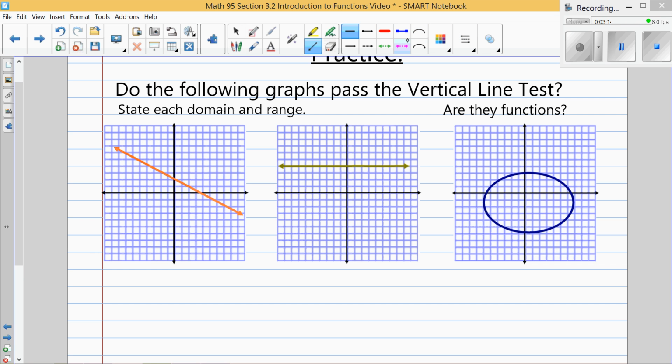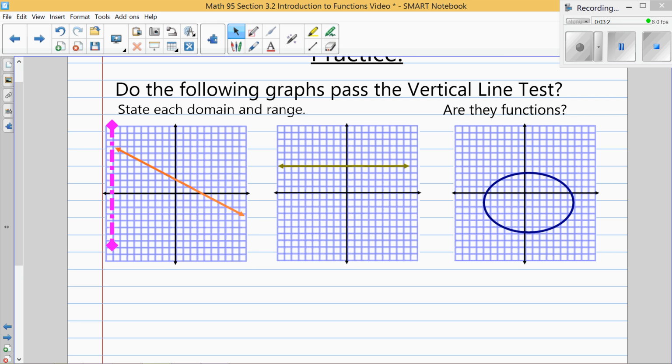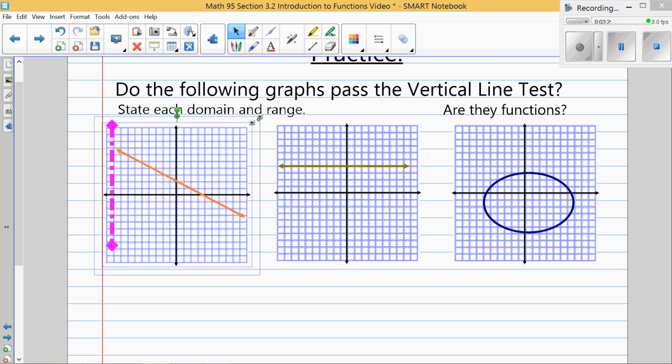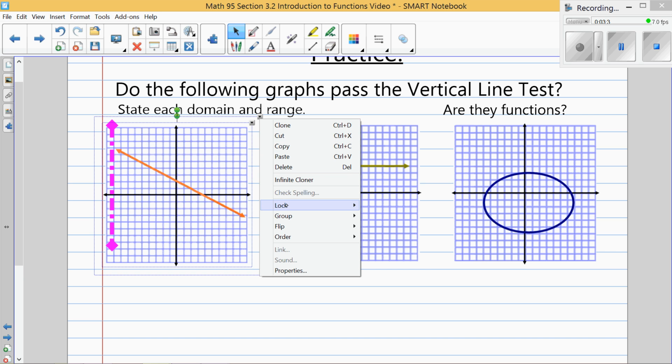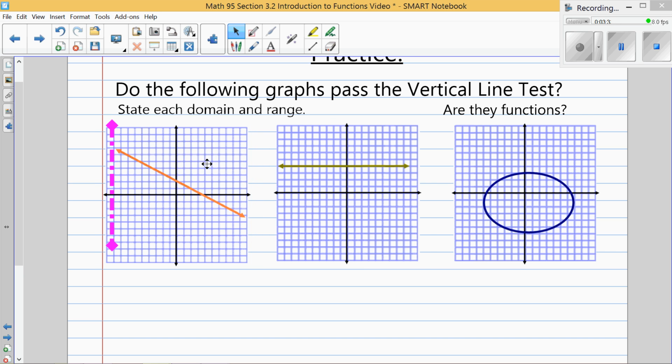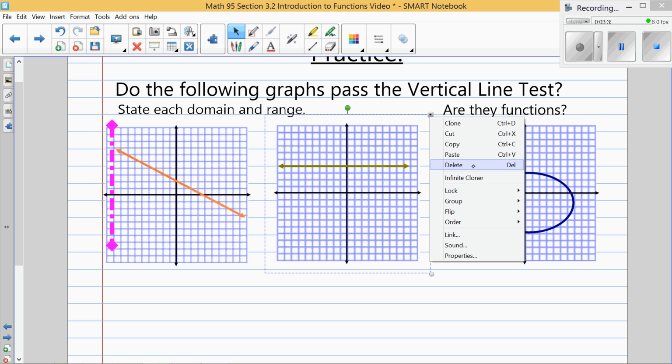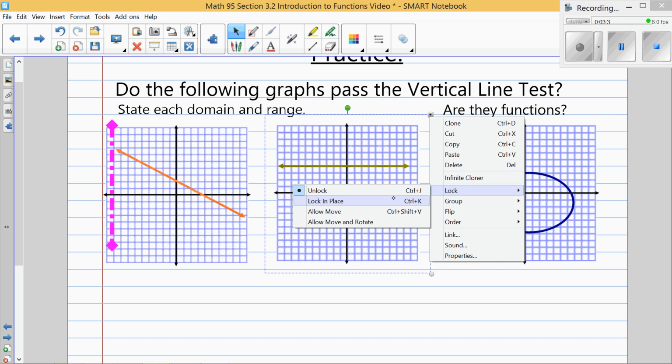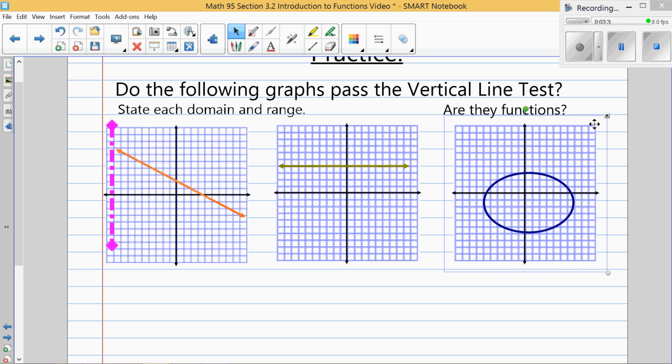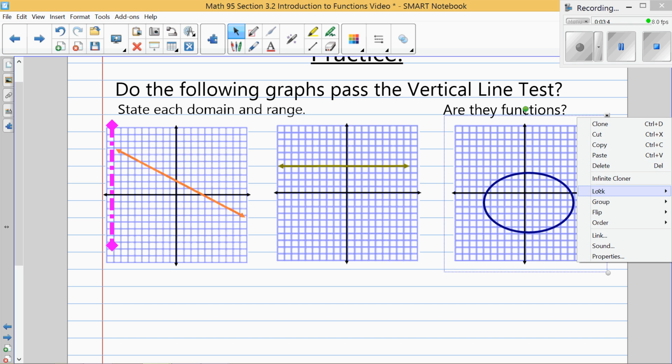I'll do a dashed pink line. Let me see if I can make it vertical. Hang on one second while I do this. So here's my vertical line, alright? So as I drag this, nope, let me lock this in place so it doesn't move. Lock in place. And lock all of these in place so they don't move. I didn't realize they weren't locked. Lock in place. Lock in place.